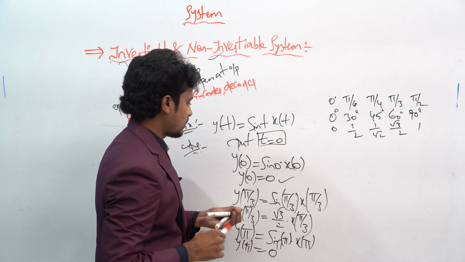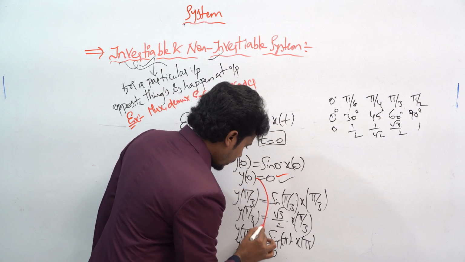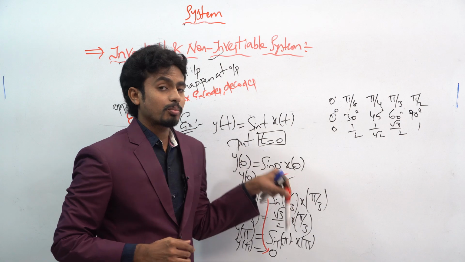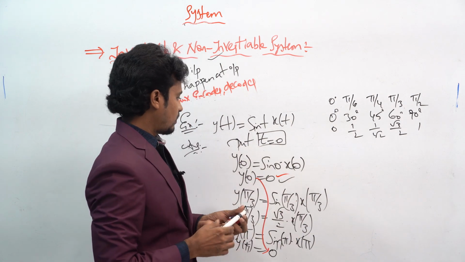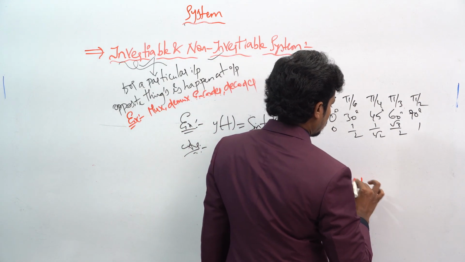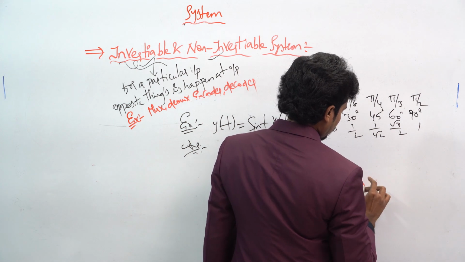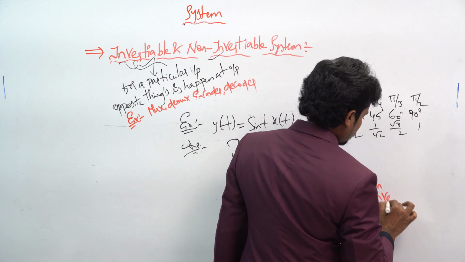Here you can see y of 0 you get 0, and y of pi you also get 0. Hence that type of system is said to be a non-invertible system.